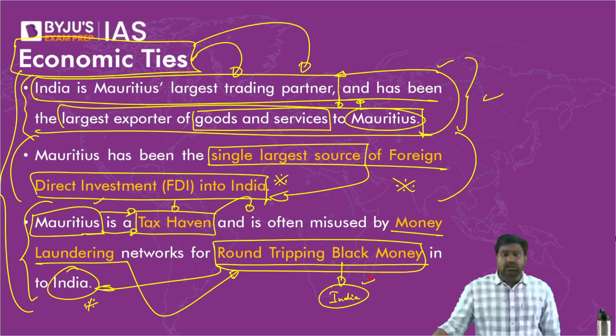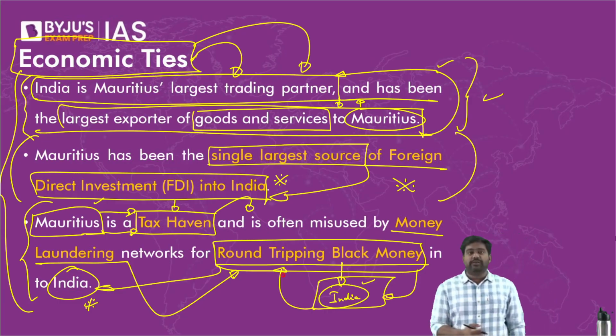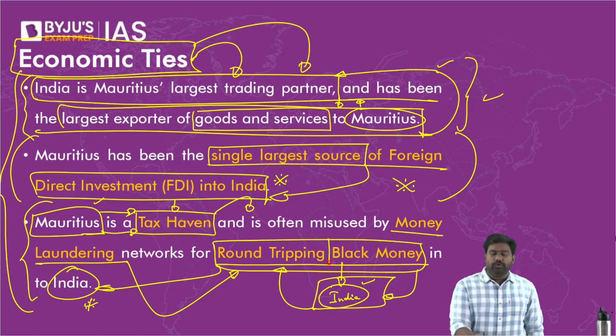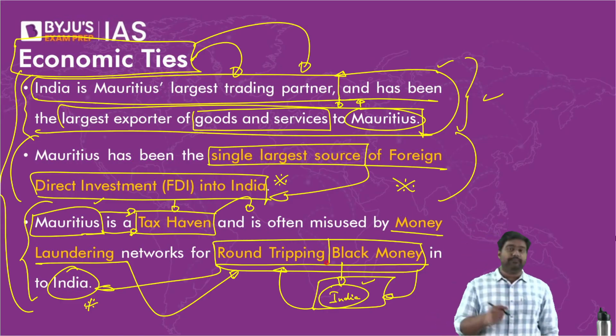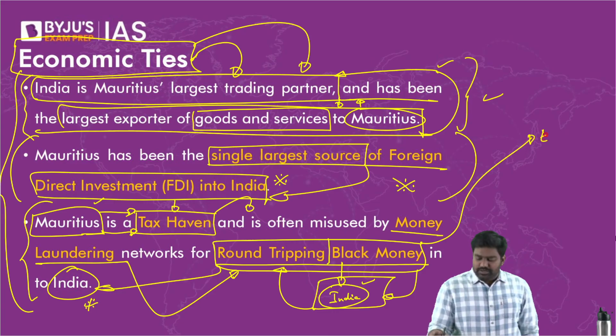Such illegal wealth, which is black money, is taken out of India. It is completely laundered, cleaned through the money laundering process and brought back to India, which completes the process of round tripping. So, money laundering is a major economic and security threat.